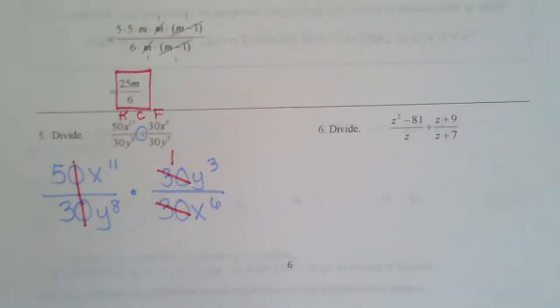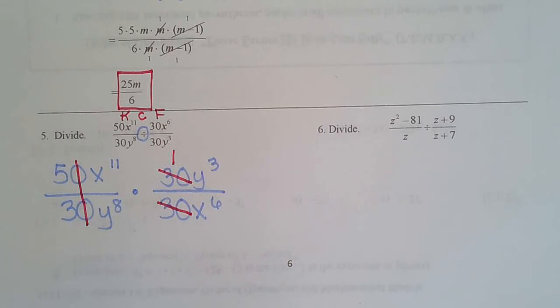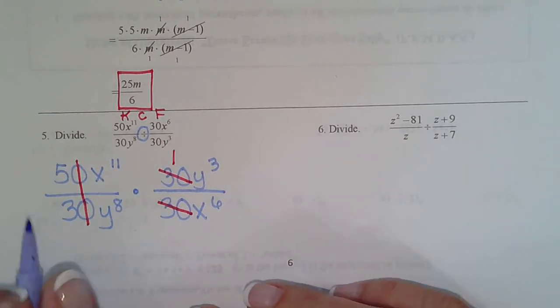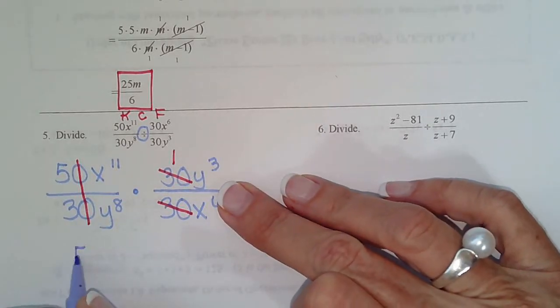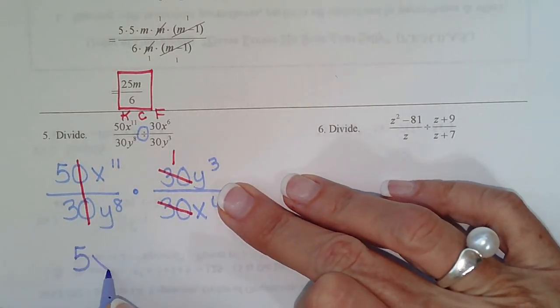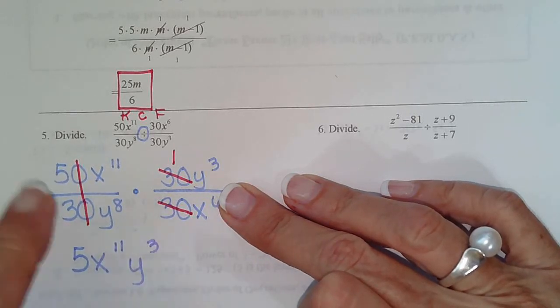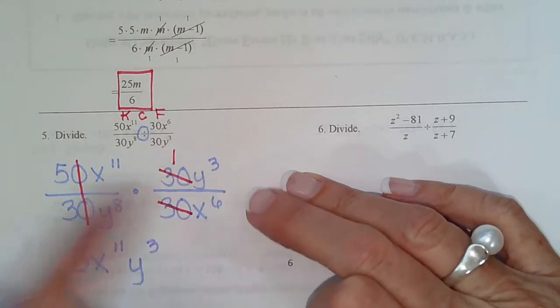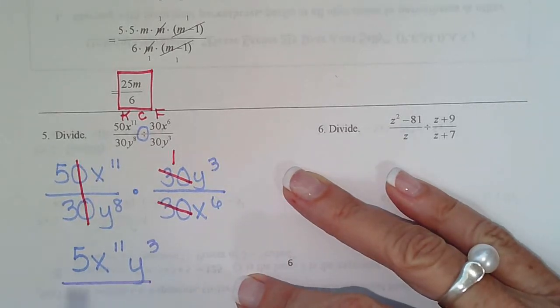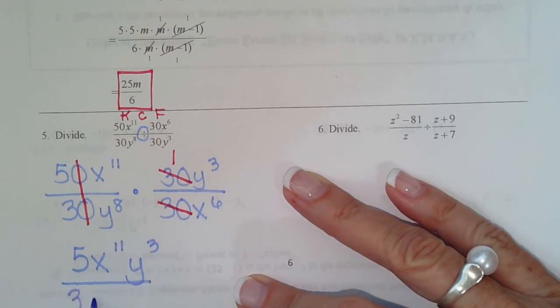So then at least we have smaller numbers to work with. So this is what I like to do. I like to write 5 x to the 11th, y to the 3rd. So 5 times 1 is 5, x 11, y 3. In the denominator, I'm going to have 3, x 6, y 8.